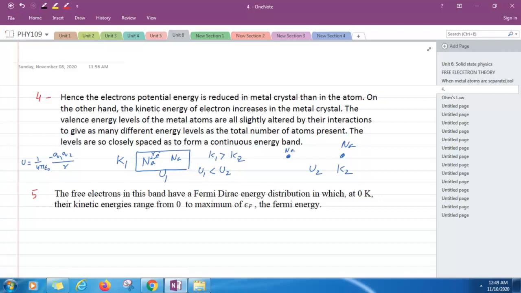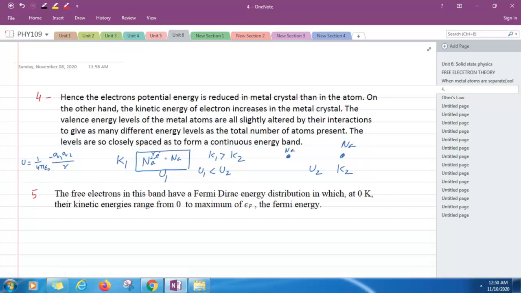The valence energy levels of the metal atoms are slightly altered by their interaction to give as many different energy levels as the total number of atoms present. The levels are so closely spaced as to form a continuous energy band. Means, in the case of a crystal, what is happening?